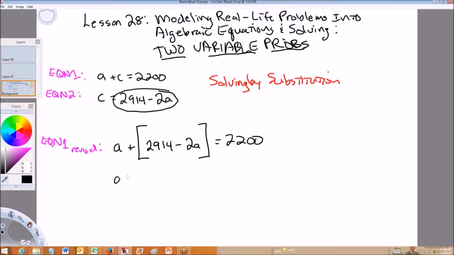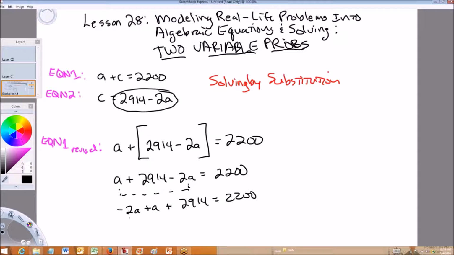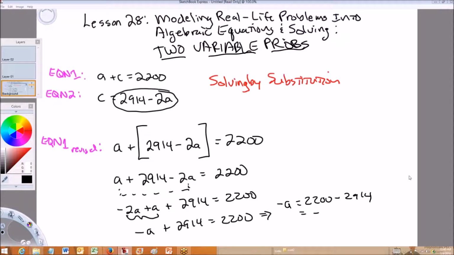And so expanding out, we can rewrite it. And grouping like terms. This goes to negative A plus 2914 equals 2200. And so we have, multiplying both sides times negative 1, so the number of adults is 714.